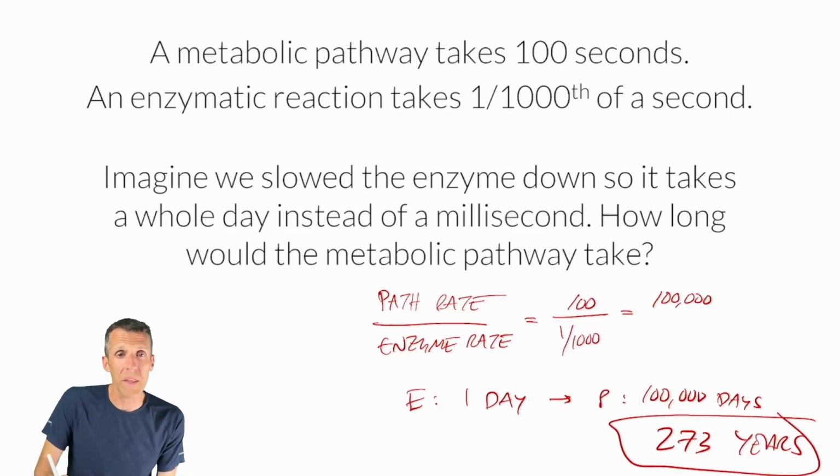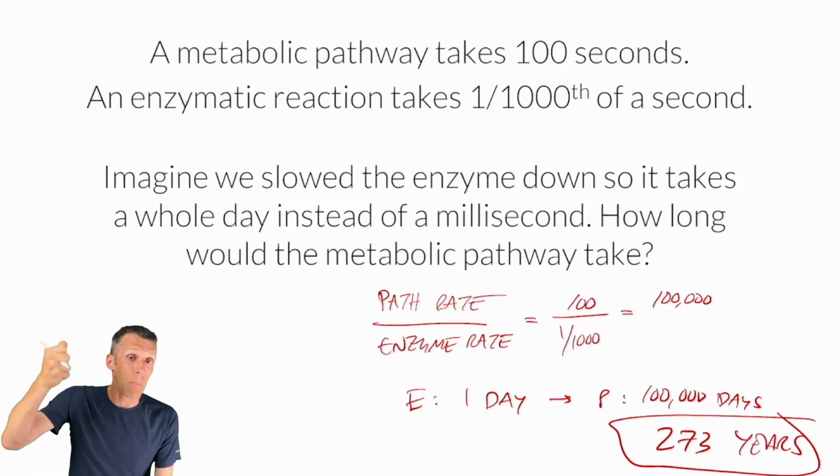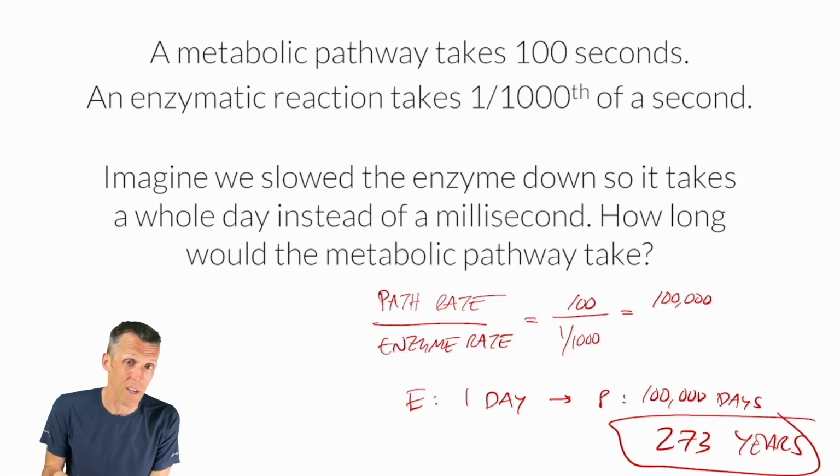So that hopefully gives some intuition for this. An enzyme that's happening once every 1,000th of a second, the metabolic pathway that it's catalyzing is 273 years long. So that's the difference. 1 day versus 273 years, that's how much slower the pathway is.